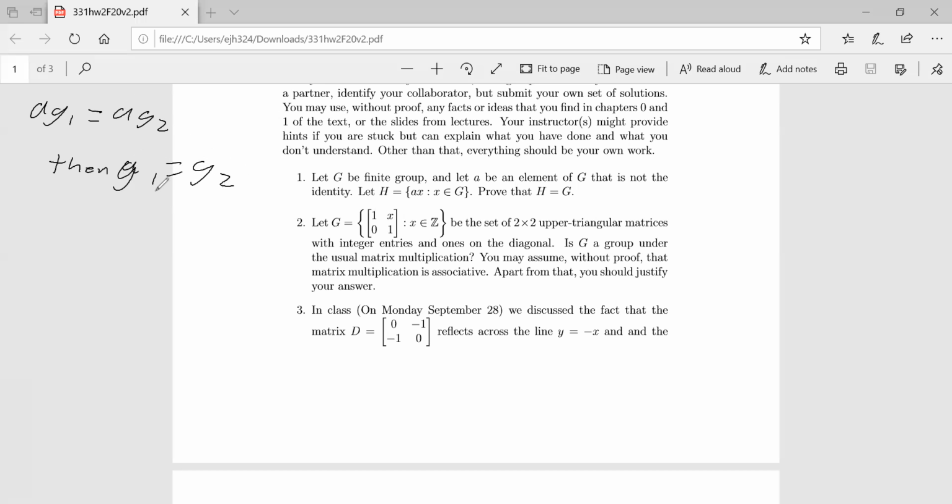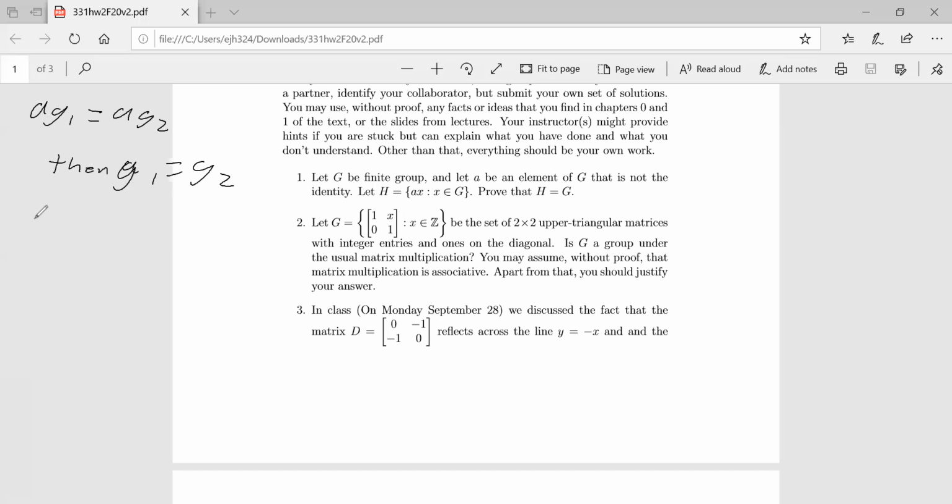So if I prove this, then I've proven most of it. How do you think I want to go about proving this? It's pretty simple. Use the law of cancellation. Yeah, exactly. I just multiply by A inverse, right?